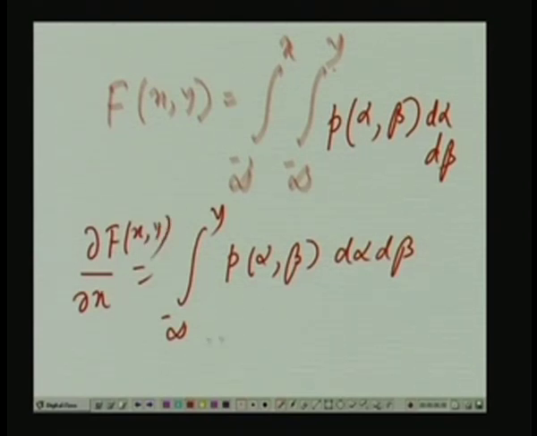Now, if I put y equal to infinity, then in this integral this will become infinity, of course, and here.